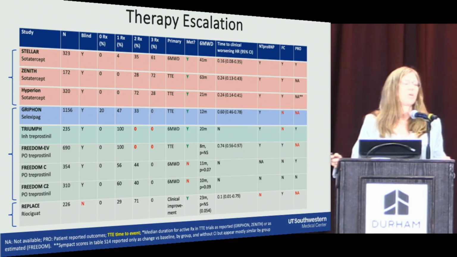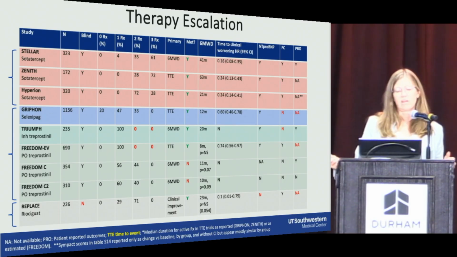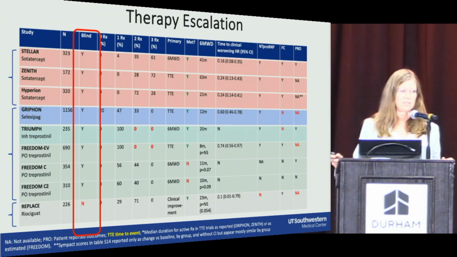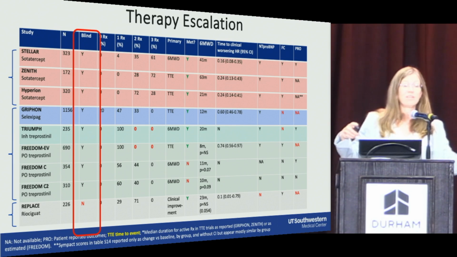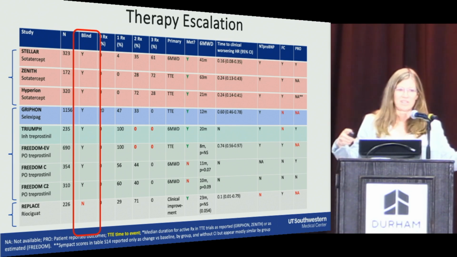And so going through that, should we add on therapy? Some of the basics that are looked at are, first, was the study blinded? Mostly, but actually that riociguat study wasn't. It was a difficult design to blind, and they made the decision to blind the person assessing functional class and walk, which made it tricky. You had to have all these different people assigned to the study. The patient knew what they were on, the investigator knew what they were on, but the assessor did not.